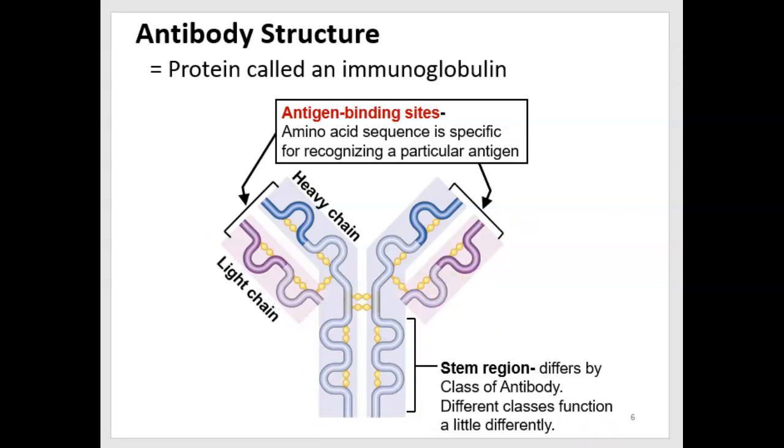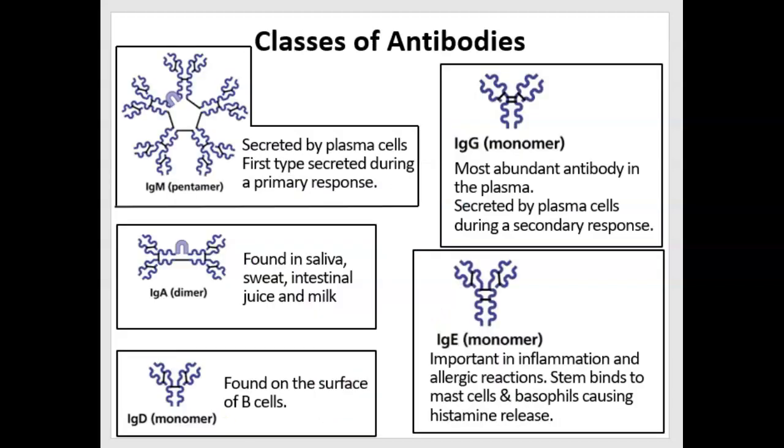Now let's look at the other classes. There are 5 different classes, as I mentioned, and IgM is made up of 5 different monomers or 5 different Ys. So there's a Y, there's a Y, etc. We call this a pentamer sometimes.